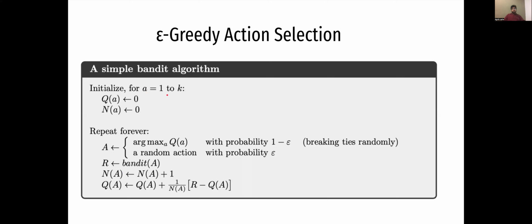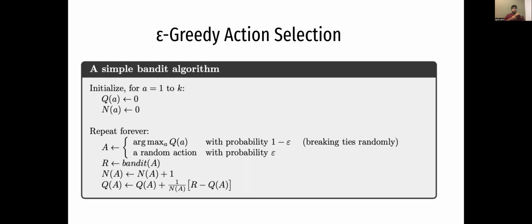Initially, Q(a) is the action value estimate, and N(a) equals 0. N(a) counts the number of times the action is taken. So the first step is initialization, where we set the action value estimates and the count of actions, which is N.